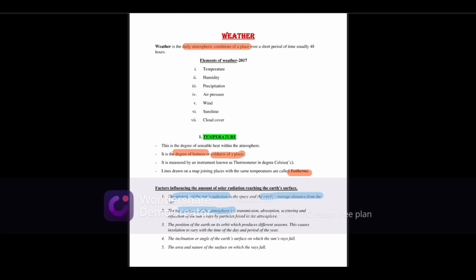It's also another factor that influences the amount of solar radiation reaching the earth's surface. And another one is the area and the nature of the surface on which the rays are falling. So you can just look at those 5 factors.